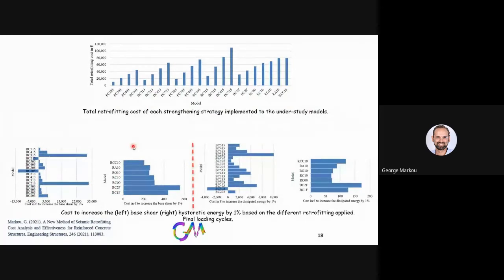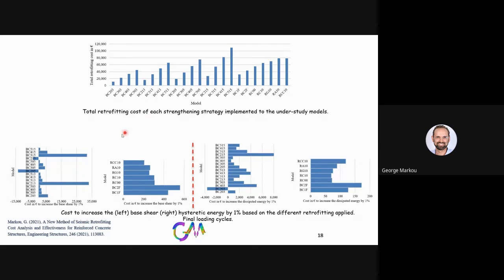Now, after viewing the results, the question was, okay, what about the cost? So an investigation and a calculation of the total retrofitting cost for each strengthening strategy was performed based on average values found in the international literature, according to the European market.